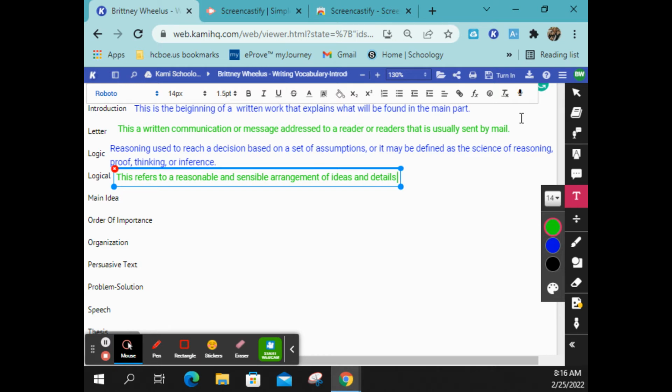All right, logical refers to a reasonable and sensible arrangement of ideas and details. This is how you think. All right, or the process in which you think.